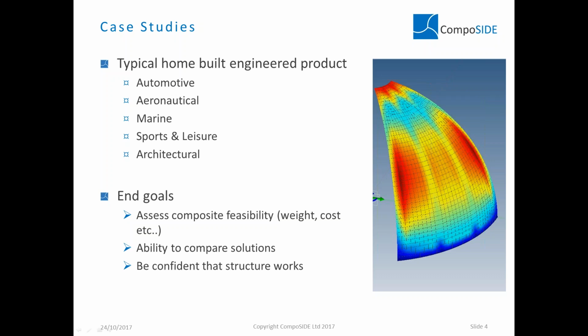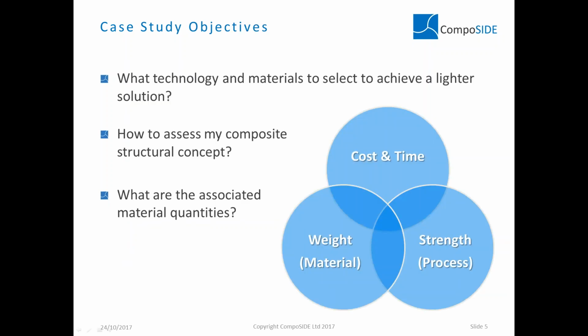So how would you approach this problem efficiently with a minimal knowledge of composites? Before we start, the main questions and challenges that we are asked on most days are the questions that you can see on the screen. What technology and materials do I select to achieve a lighter solution?